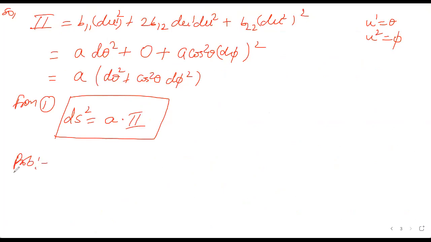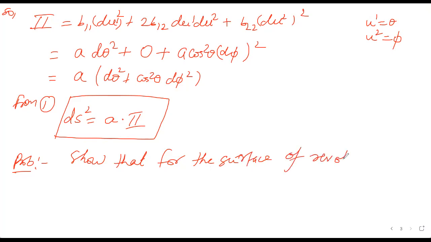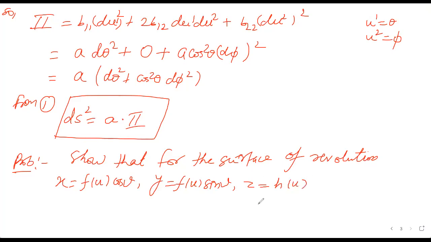One more problem you will do. Show that for the surface of revolution, it is given by x is equal to f(u) cos v, y is equal to f(u) sin v, z is equal to h(u).